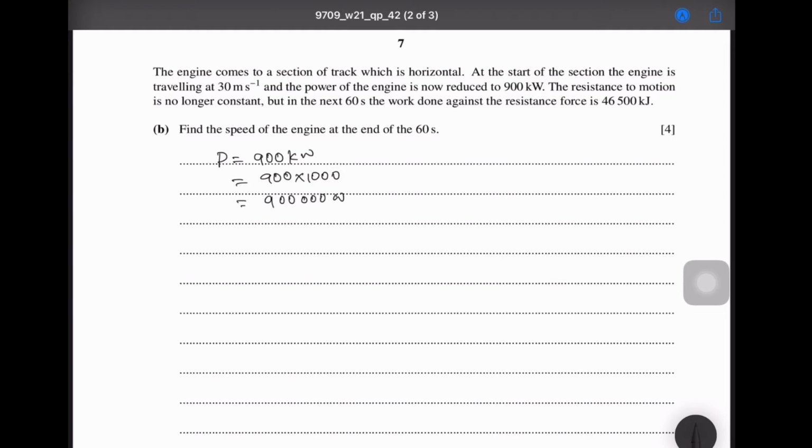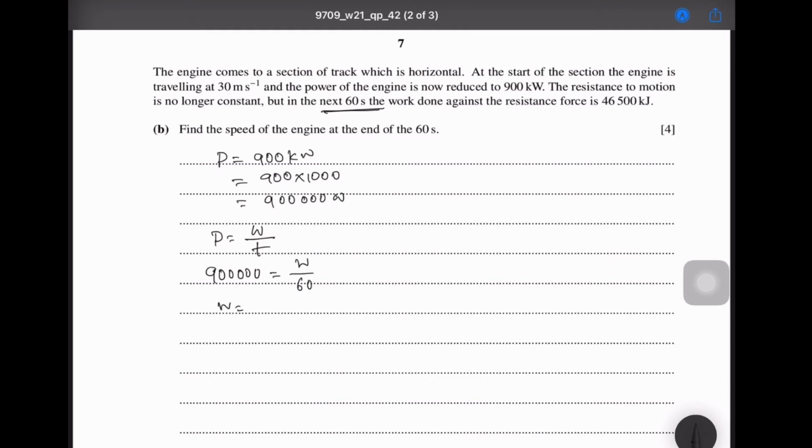So it worked for 60 seconds. So power equals work done divided by time. So power is 900,000 equals work done divided by 60.